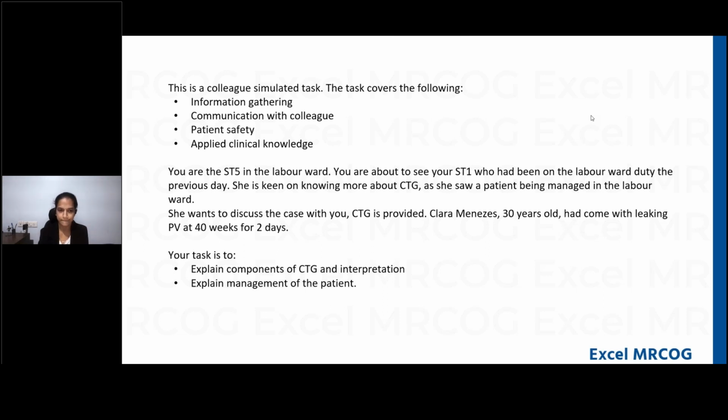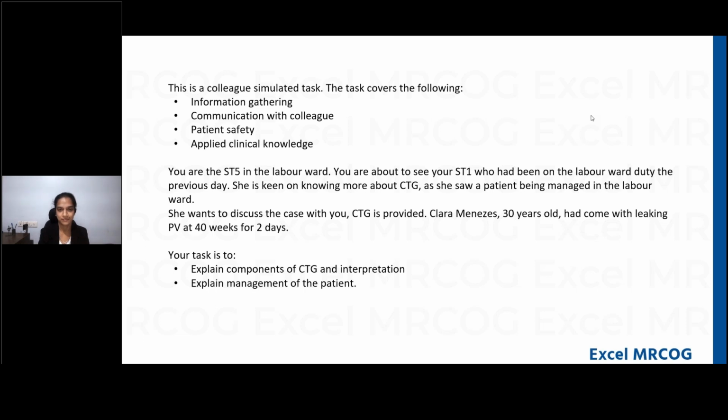So, any particular reason, Ankita, you want to learn more about the CTG? Well, I was posted on the labor ward yesterday, and I witnessed a patient being monitored on CTG, so I was interested in knowing about CTG. Sure, Ankita, together we will see the implications of CTG, the components, how to interpret it and how to manage according to the CTG.